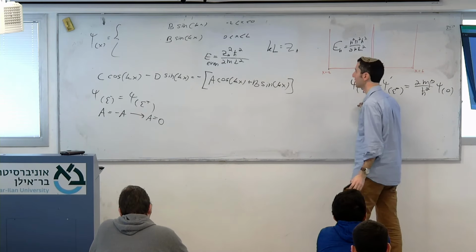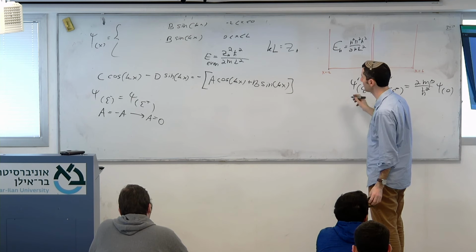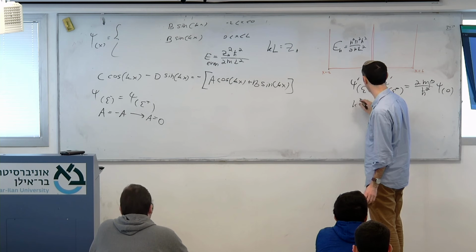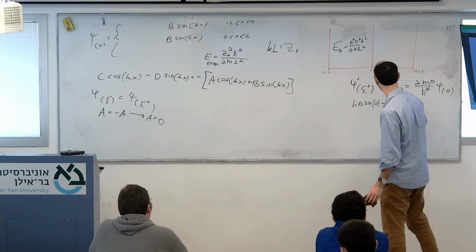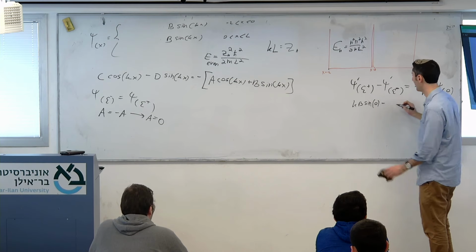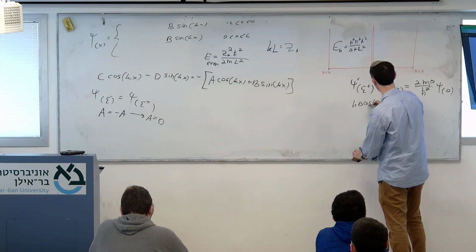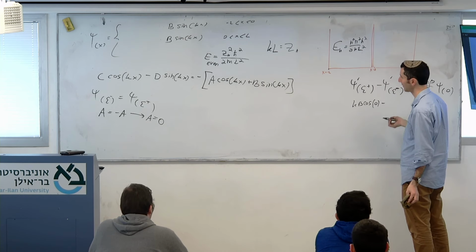I get here the derivative of sine, which is a cosine. K B sine 0 minus, hey, cosine. This gives me 0. Oh, cosine, sorry. K B cosine 0 minus the same thing.